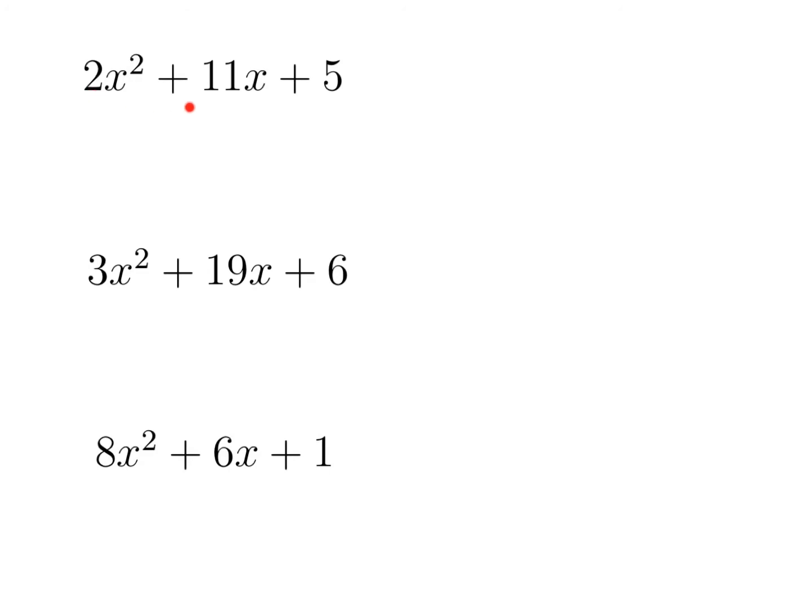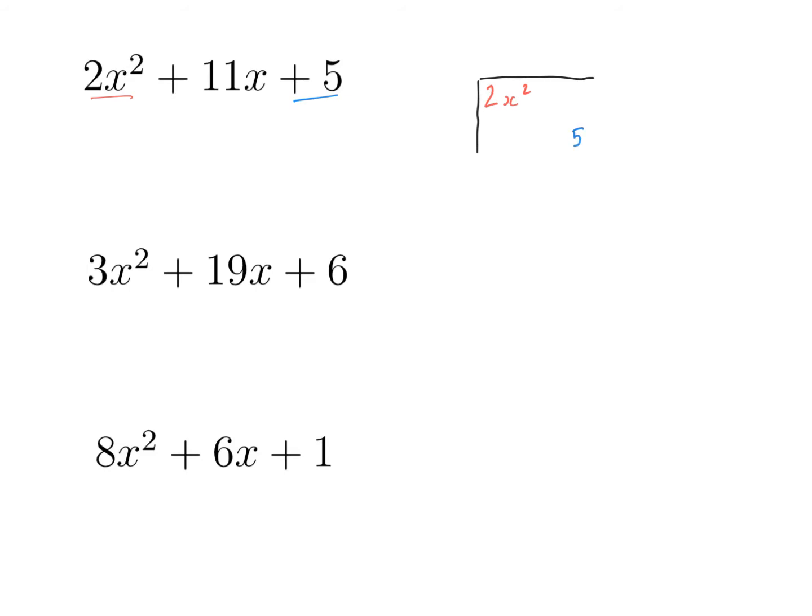Now, what we're going to do with this first one is set up a little grid. So I'm going to have a 2 by 2 grid. And I'm going to try and unmultiply out the brackets. I know my 2x squared would appear here in my brackets, and I know my positive 5 would appear there.